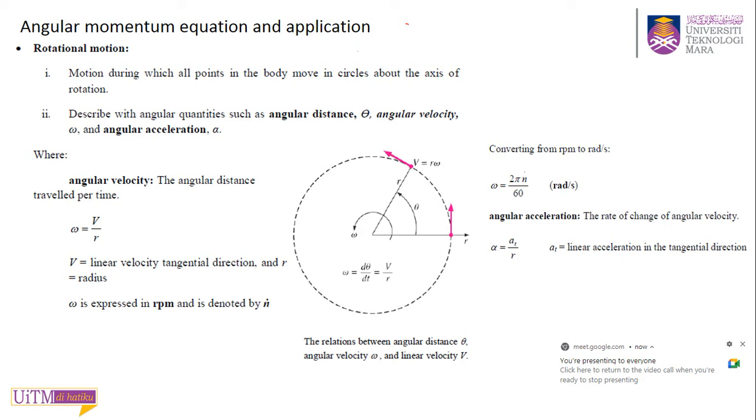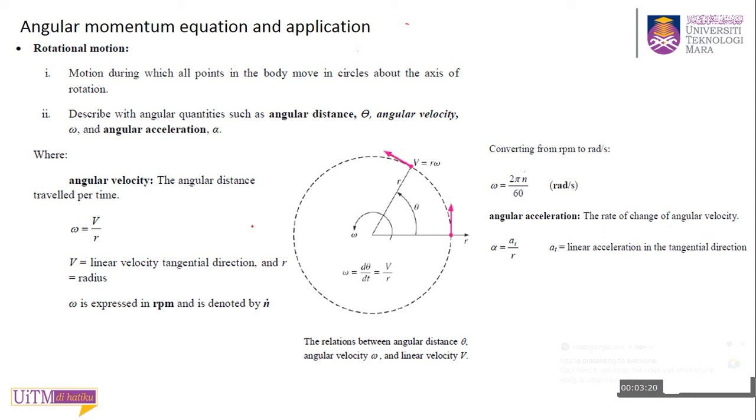It's the same thing, just a duplicate, but in angular momentum the object, or in this case the fluid, is moving in rotation, it is spinning. So all of the properties will be angular. You have your angular distance, your angular velocity, and your angular acceleration. Using that, you can find your angular momentum.